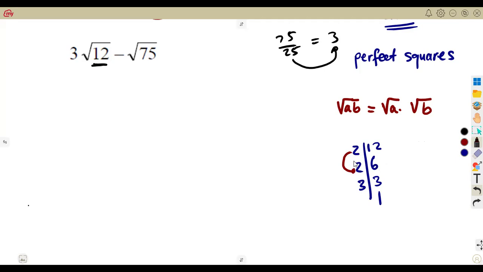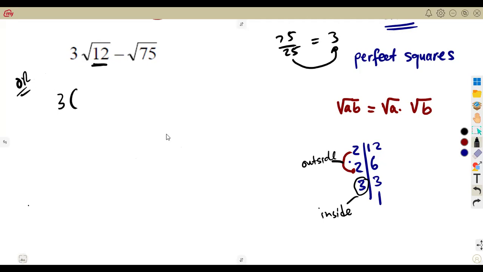Once you have a pair like this, the number with a pair is to be written out of the square root. The number without a pair is going to be written inside of the square root. So meaning to say the pair of 2 is going to be written outside of the square root.